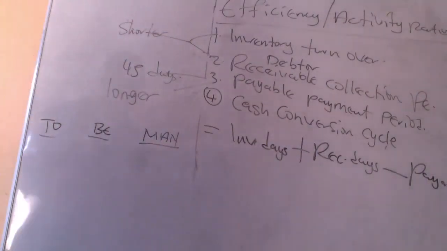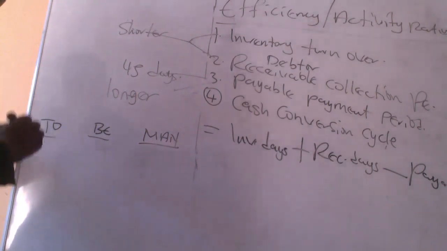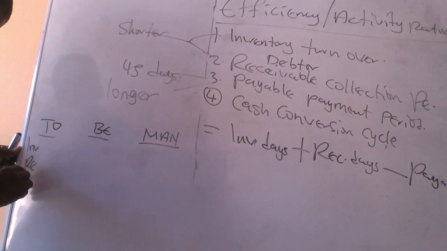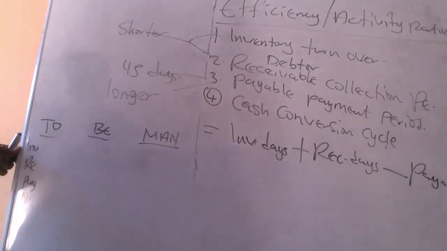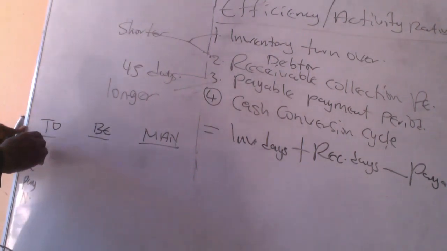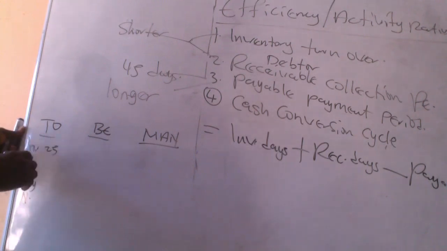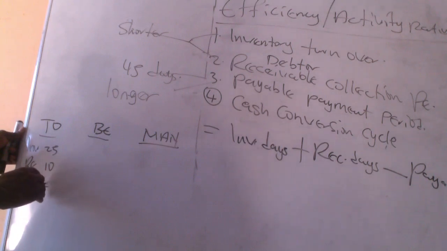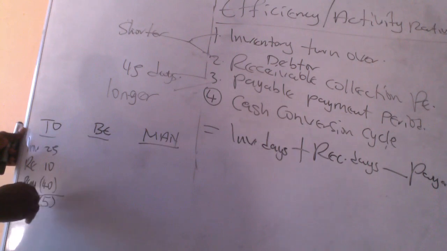Let's assume that your inventory days, receivable and payable, and your net. For 2, inventory days here is 25, and receivable is 10 days, making 35, and payable here is 40 days. So the net will be -5 days.